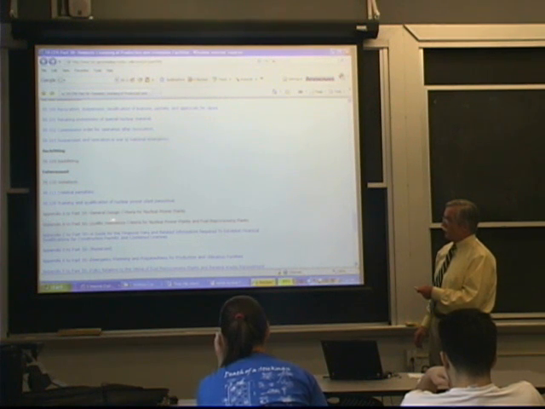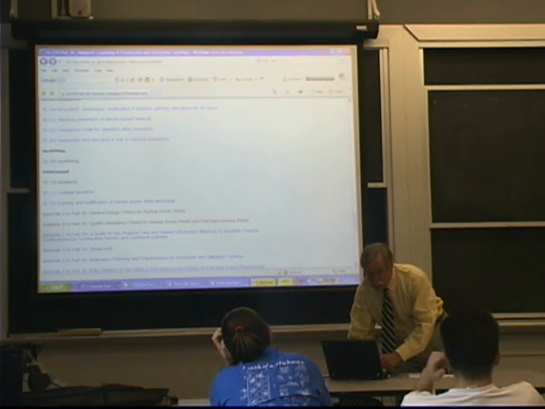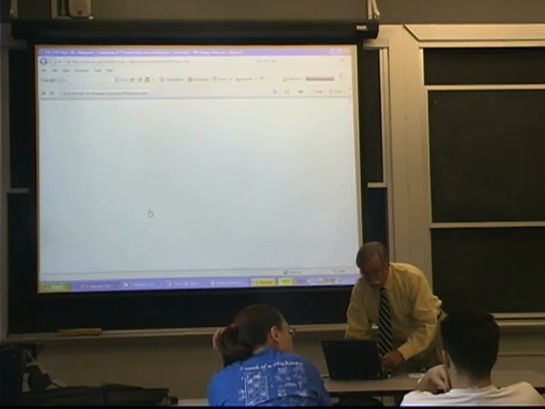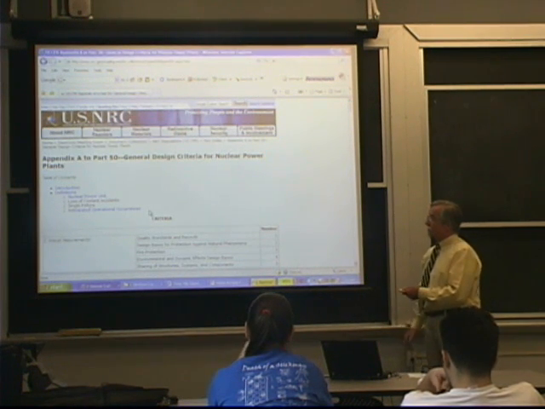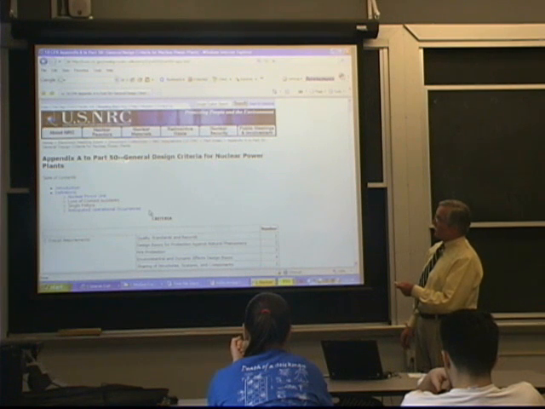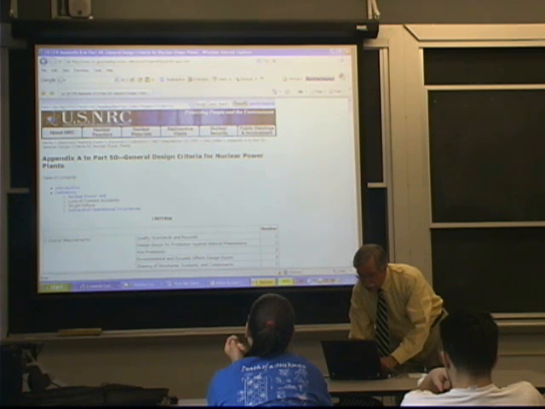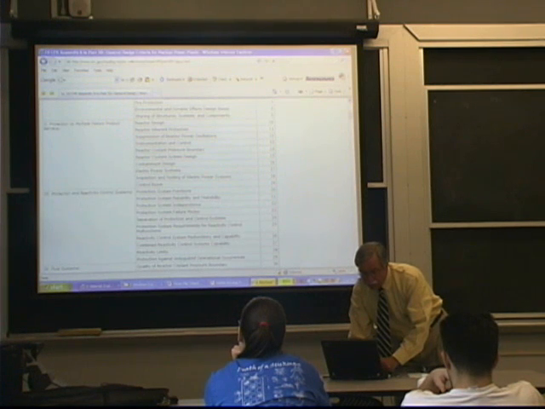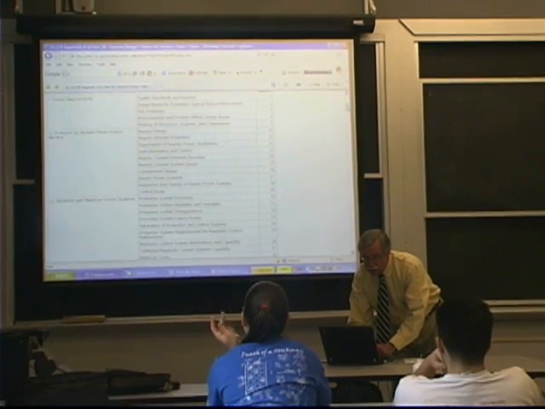Now, the two key appendices here are Appendix A, which are the general design criteria. So if you're starting off wanting to design a nuclear power plant, the first thing you have to do is look at what the general design criteria require. And these requirements are found in Appendix A. And I'm just going to scroll down here so maybe you can see.